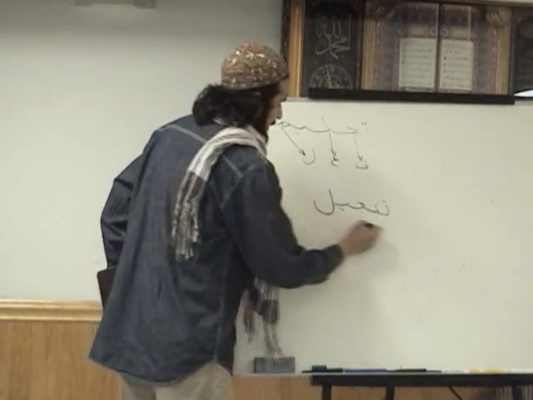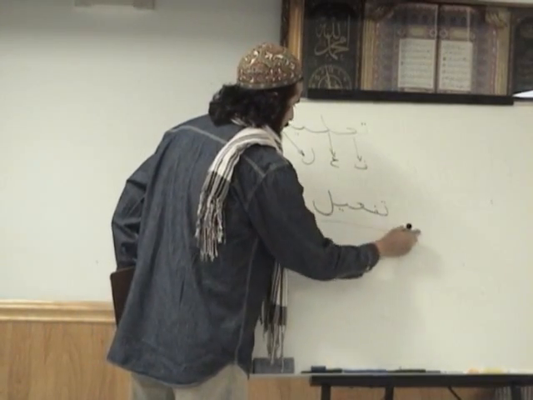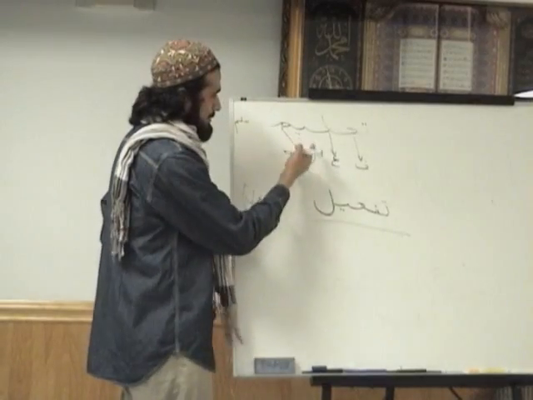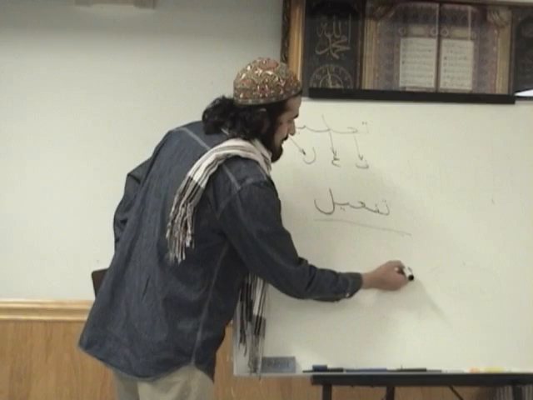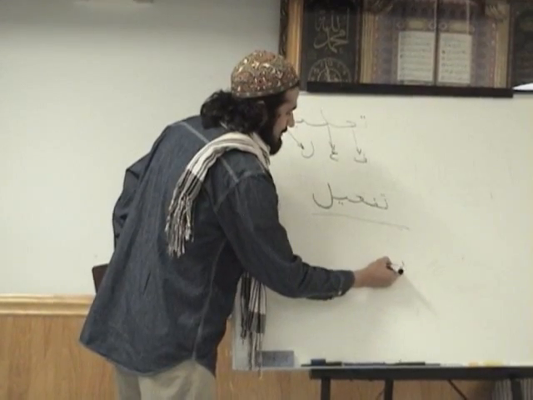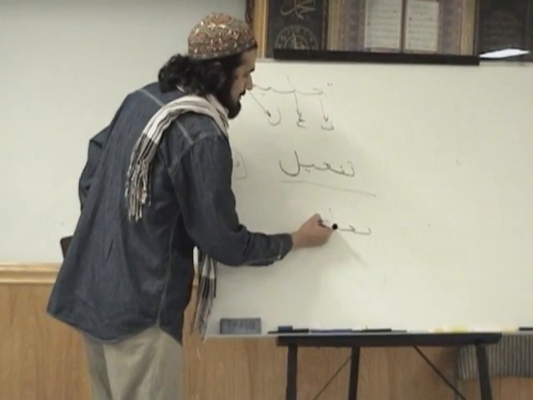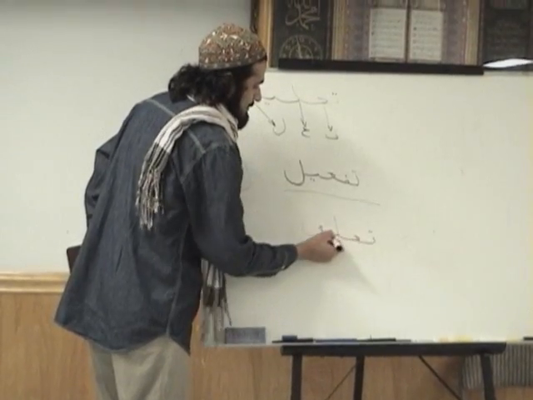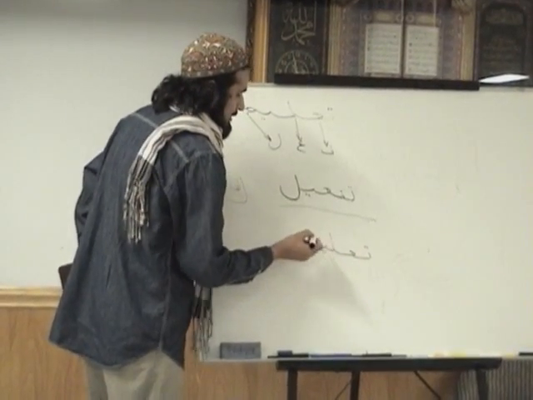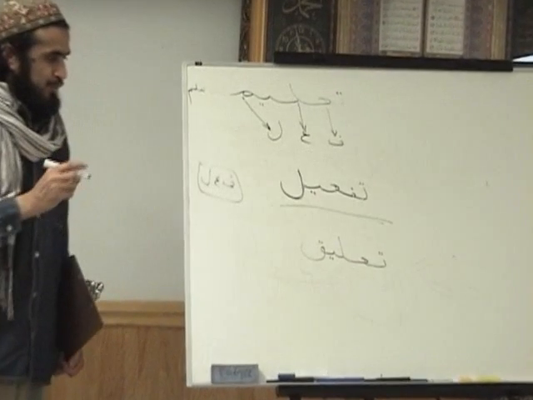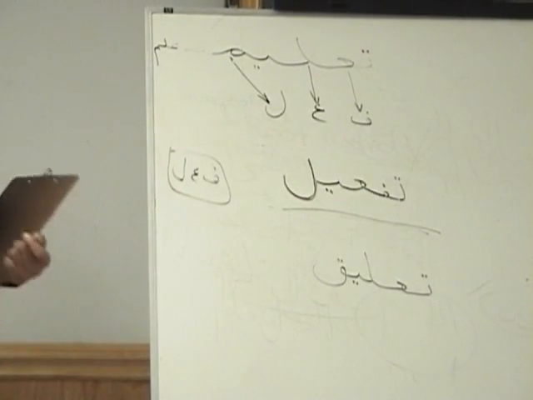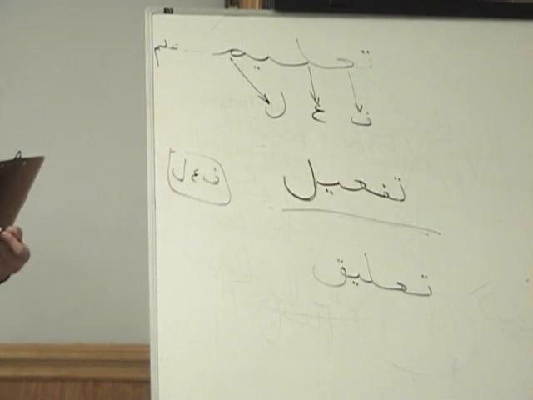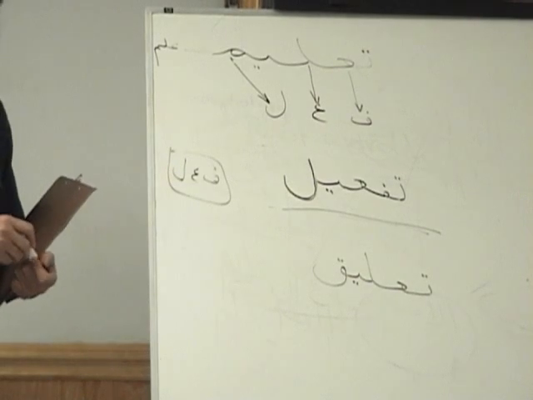So if I ask you right now a different word which rhymes with the same form, for example, ta'leem, how many of you know which letters belong to the root word and which ones don't? Yeah.